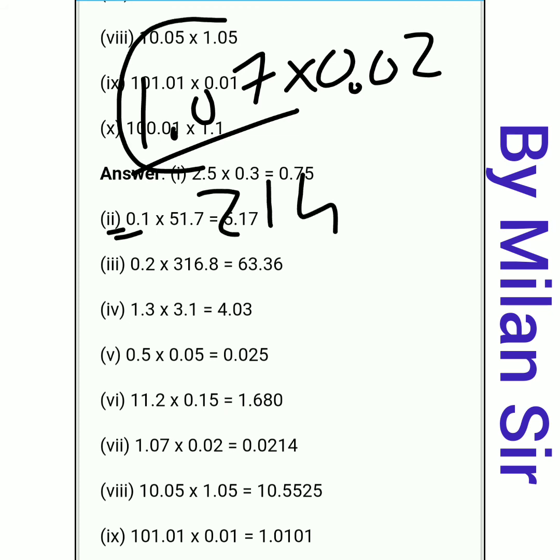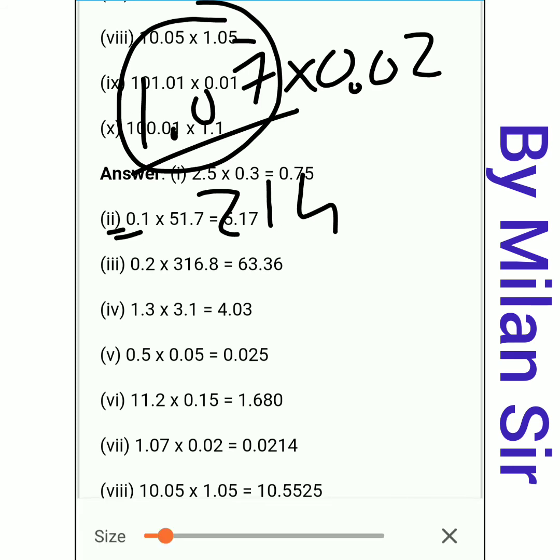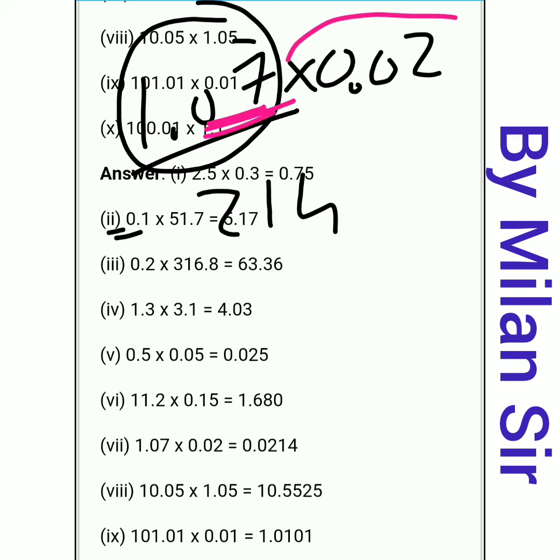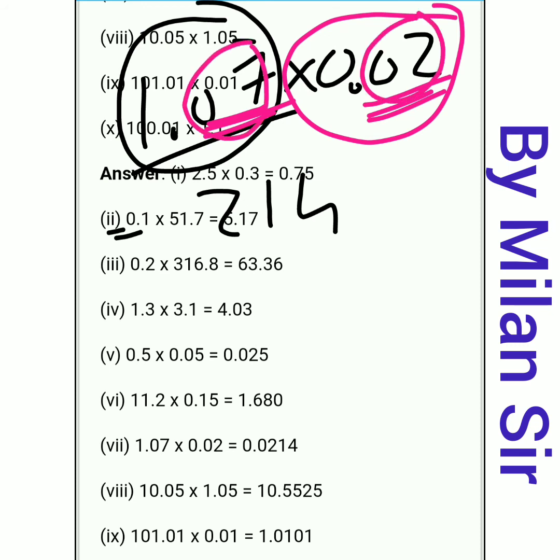Now here in the first number we have 2 digits after the decimal point, right? There are 2 digits, 0 and 7. And in the second number we also have 2 digits after the decimal point, 0 2. So in total we have 4 digits after the decimal point. So in the answer we need to put the decimal point before 4 digits, but right now we have 3 digits.